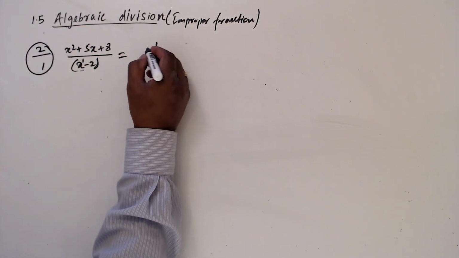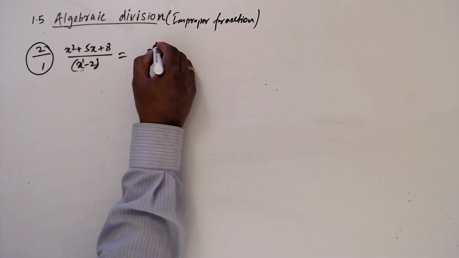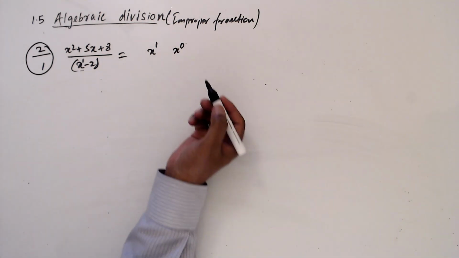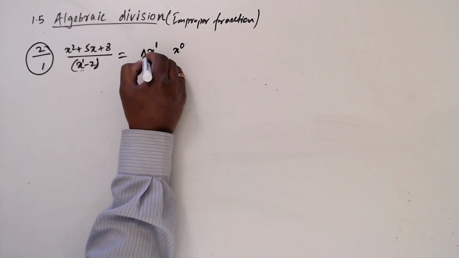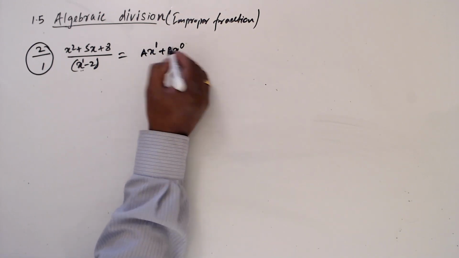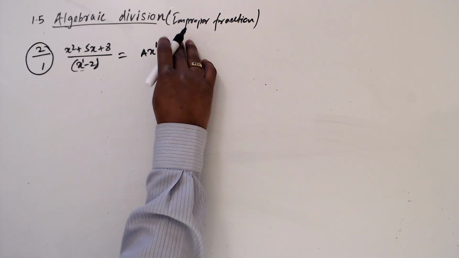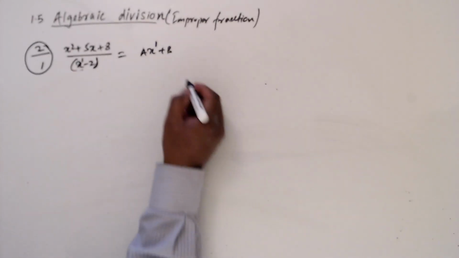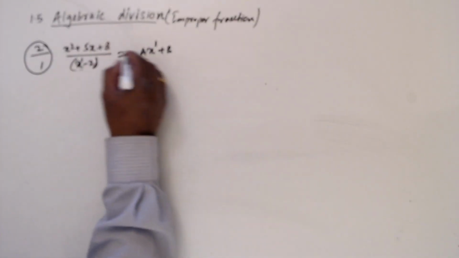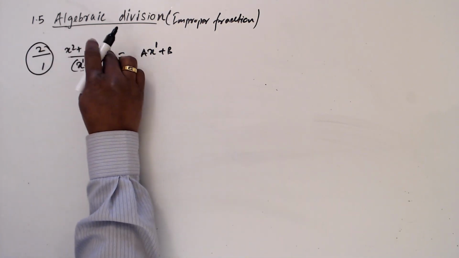Then we will write this one x1 and x0, descending power. So this is ax1 plus bx0. Basically we don't write x0. This is a constant. Ax and the constant. Then we dealt with already the which part?